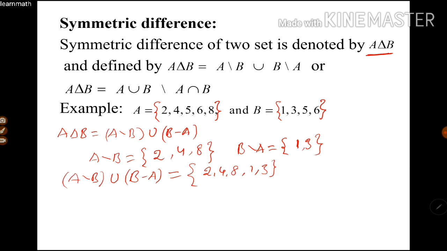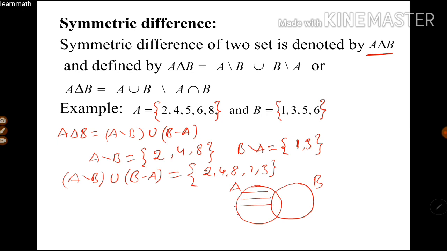Now how can we draw the symmetric difference in a Venn diagram? Take two sets A, B. The symmetric difference of these two sets indicates this space.